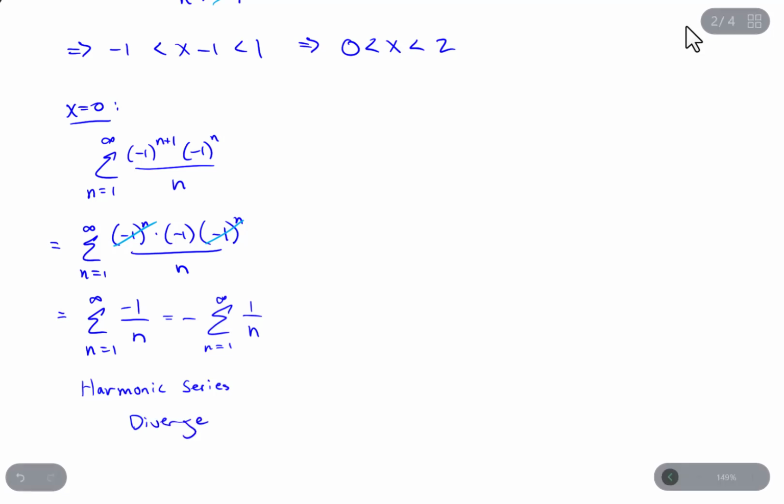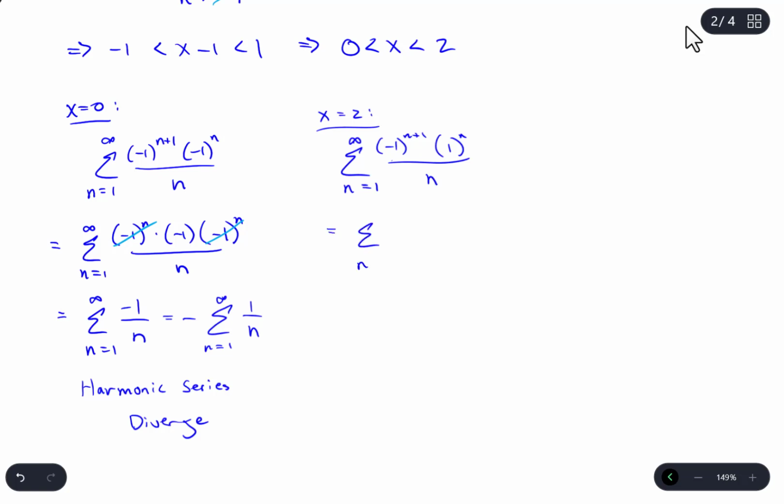Okay, so what happens at 2? Well, we plug in x equals 2. We still have this term, negative 1 to the n plus 1. Then 2 minus 1 would be 1, so 1 to the n over n.